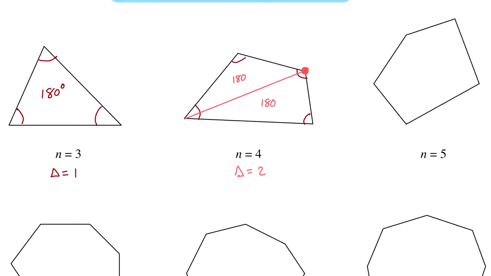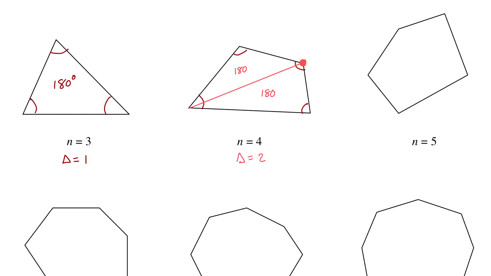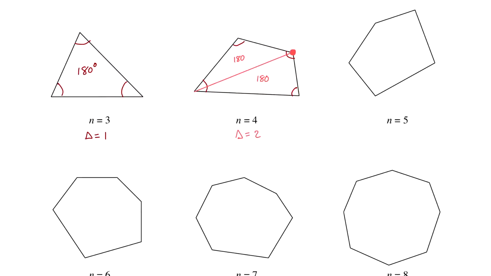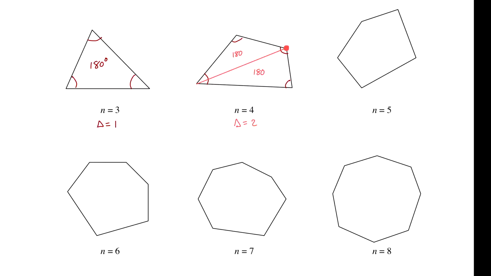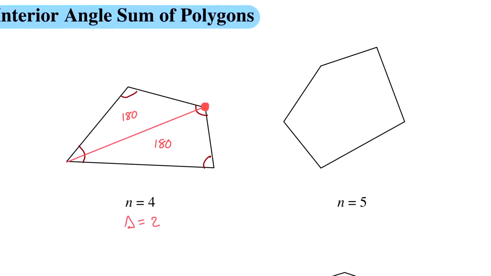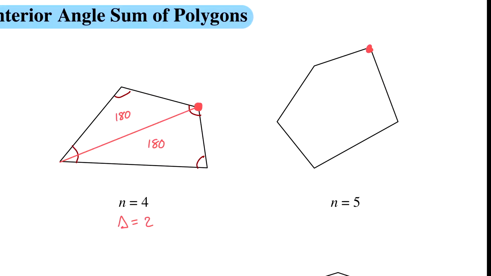All right, so I'm going to repeat this process for all these. Let's see how many triangles I'm going to have if I draw in diagonals here.